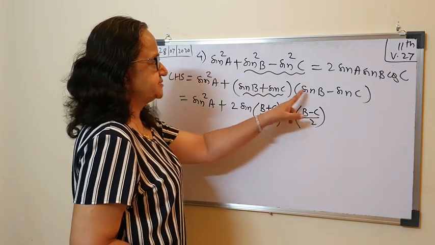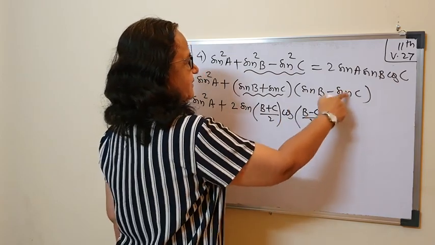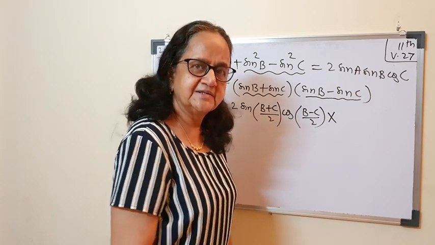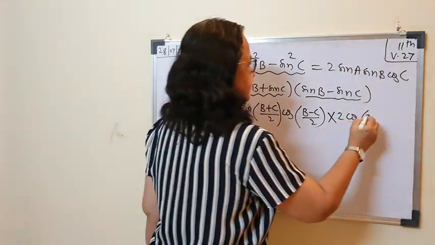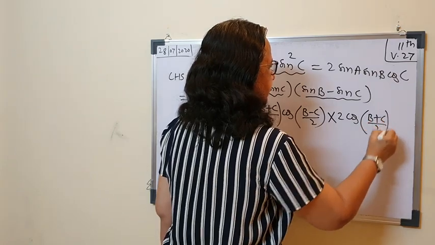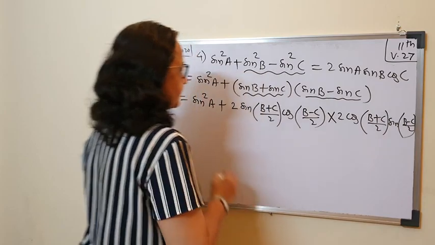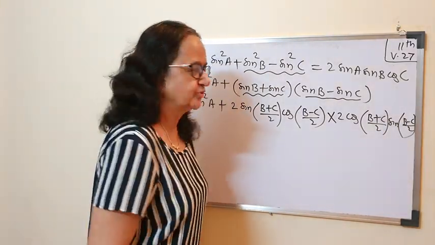This bracket is multiplied by sin B minus sin C, which is 2 cos of (B plus C) upon 2 and then sin of (B minus C) by 2. Mark this problem important, because you are going to observe something now.